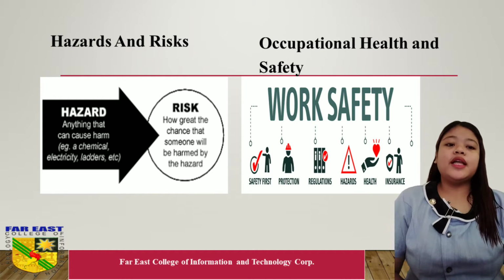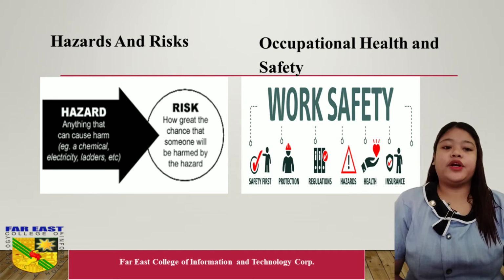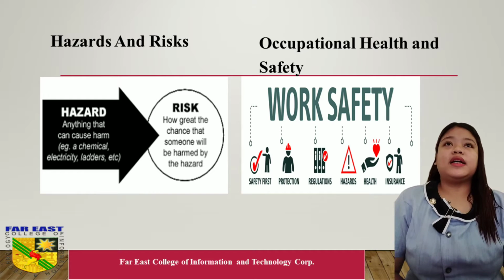Next, occupational health and safety is the promotion and maintenance of the well-being of workers in every occupation. Ayan, lagi naman sa lahat ng trabaho na ginagawa natin, we need to put this always in our mind that occupational health and safety procedure must be on top. Ayan.